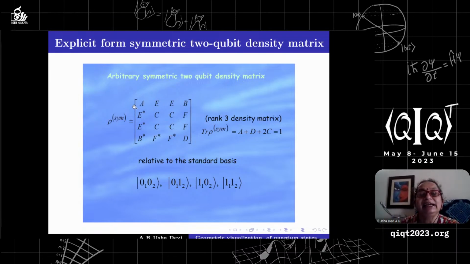So if I write it, diagonal elements of a density matrix are real, and trace rho is equal to 1 means I have this condition. So I have 1 plus 1, 2 real parameters, D ignored because A plus D plus 2C is equal to 1. And there is E complex, 2, 2 plus 2, E and B, 4. 4 plus A is 1, C is 1.